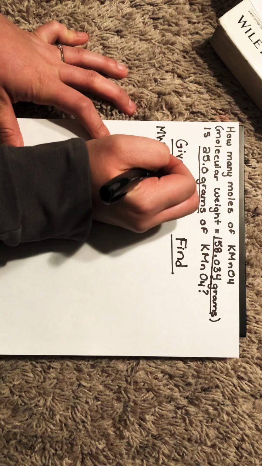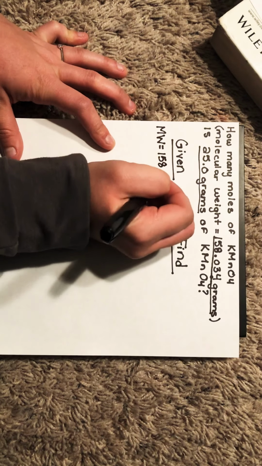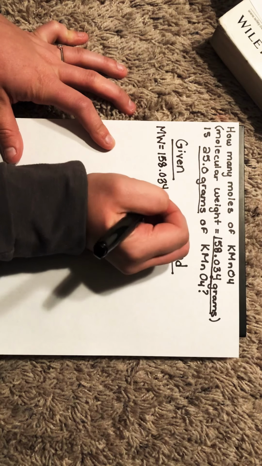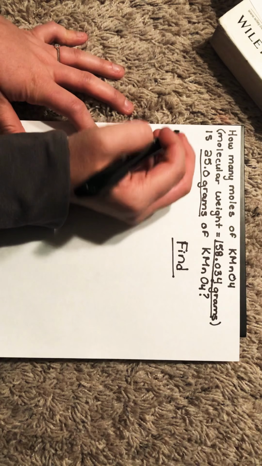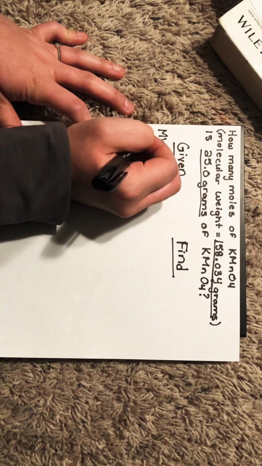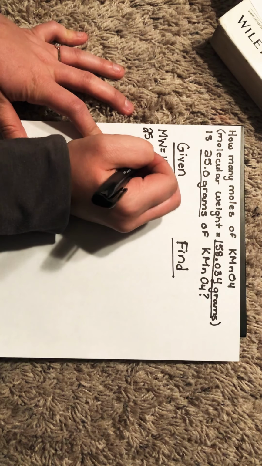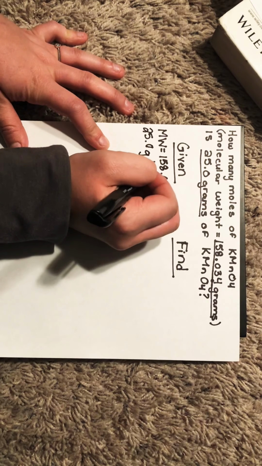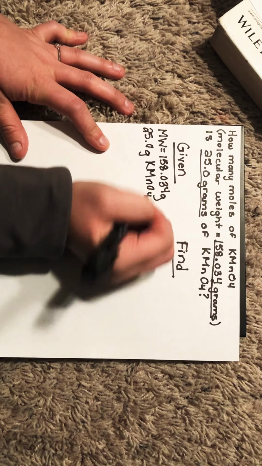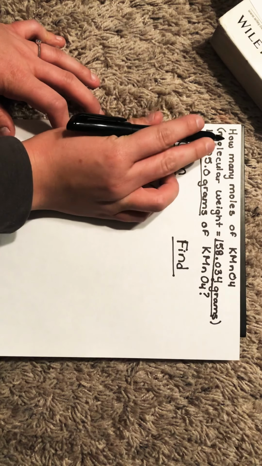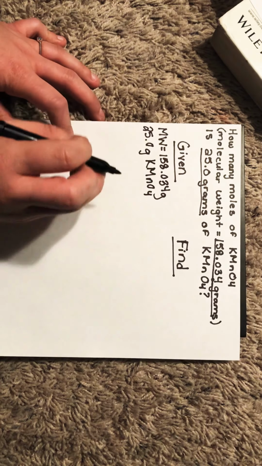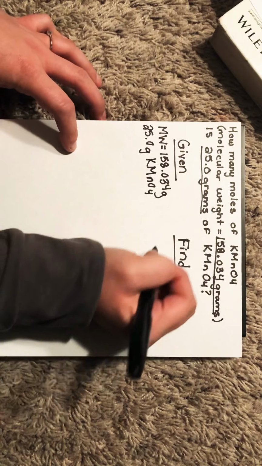That is 158.034 grams. Also given is that we have 25 grams of KMnO4 that we're questioning how many moles that is. So obviously, we're asking how many moles of KMnO4 do we have, meaning that's what we're trying to find.